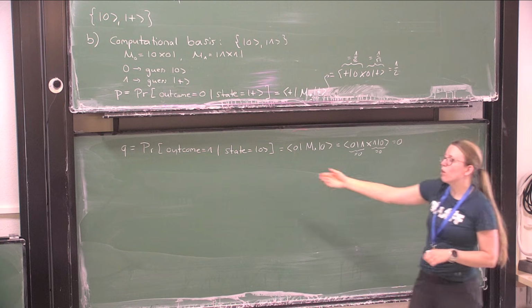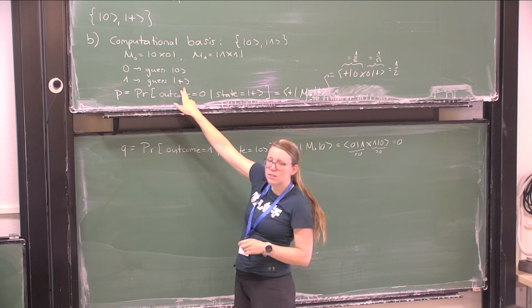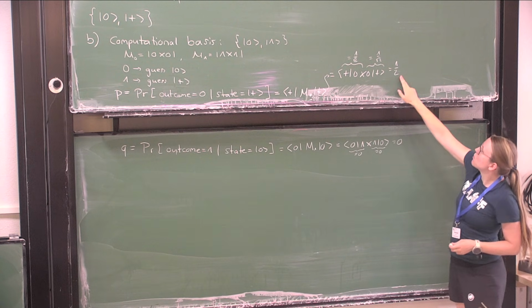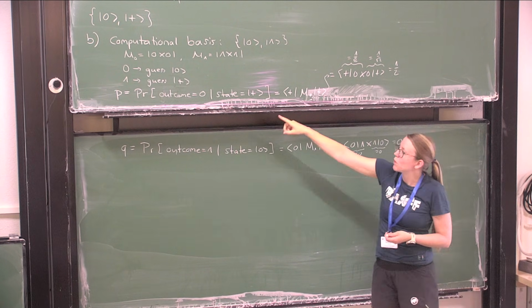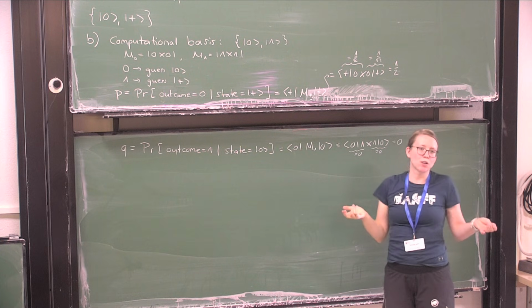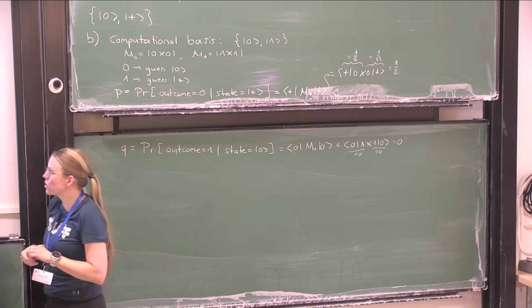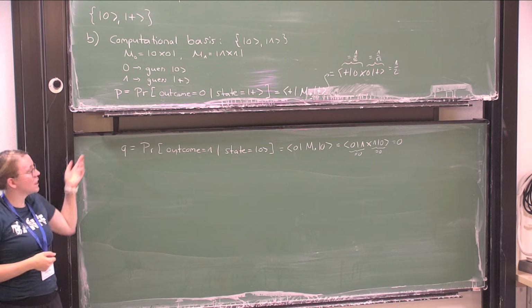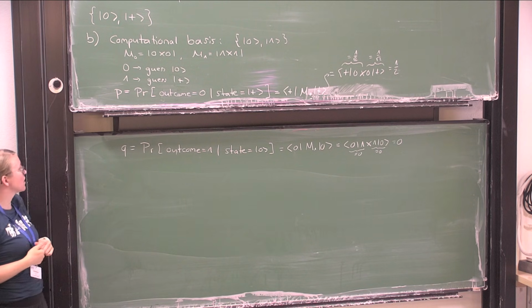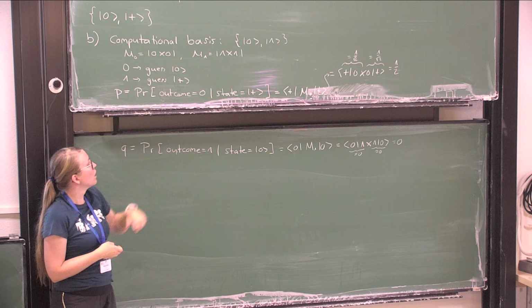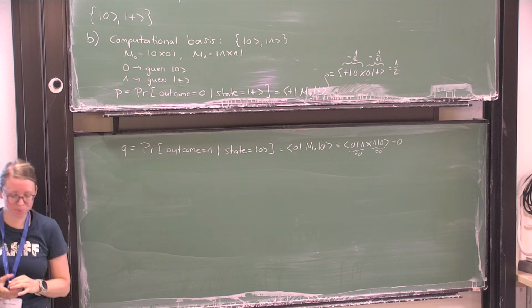You never wrongly claim that you got outcome plus, so in that case you never make a mistake. But in 50% of the cases, when you say your state was 0, you would actually be wrong. So it means this strategy of just measuring the state in the computational basis gives you the correct outcome in some cases, but you also make a lot of mistakes.